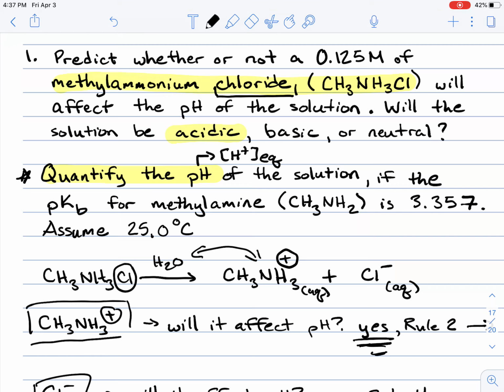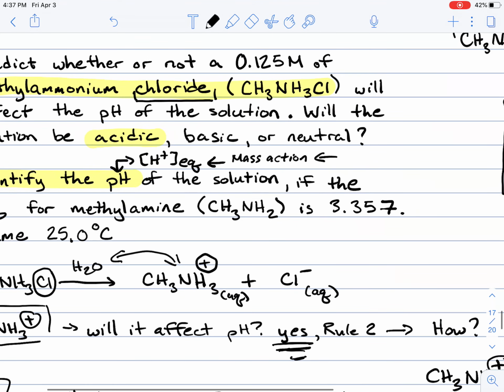By determining the concentration of H+ at equilibrium, we can figure out the pH of that solution. To get there, we need to determine what the change is. The change can be determined through your mass action expression or your equilibrium law. To write a mass action expression, you need two more items: the ICE table and a balanced chemical equation.